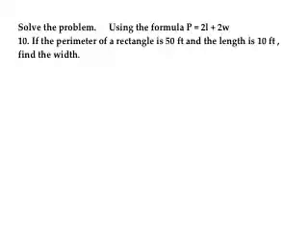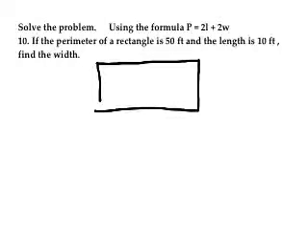Okay, solve the problem. Number 10. Using the formula P equals 2L plus 2W, P being perimeter, L being length, and W being width. If the perimeter of a rectangle is 50 feet and the length is 10 feet, find the width. So this is an easy one. We've been doing this all along. Remember, the perimeter is how far it is around.